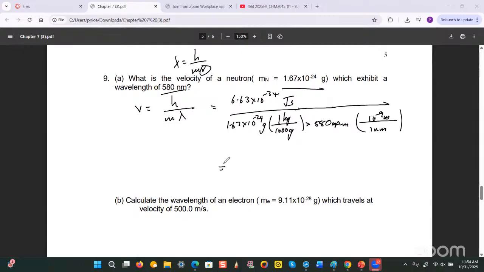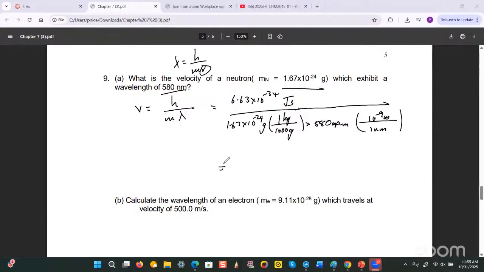We do the crunching of the numbers. I'm going to start with the denominator below. Divide by 1,000, and then multiply by 580, and then times 10 to the minus 9, and then 1 over that, and then multiply by 6.63 times 10 to the minus 34.